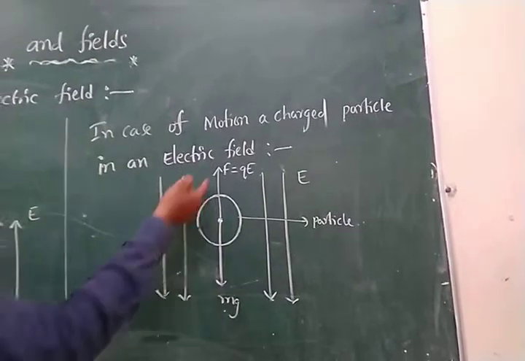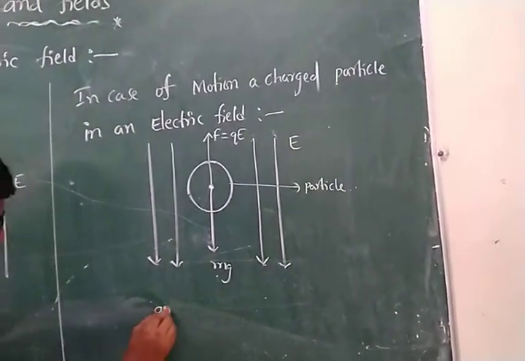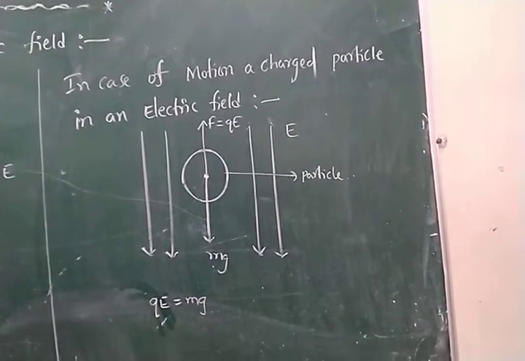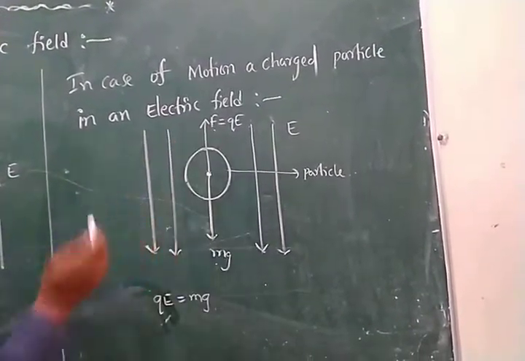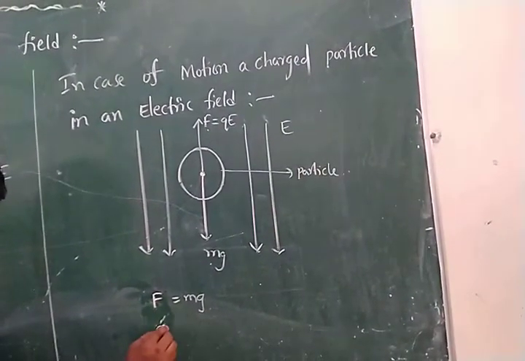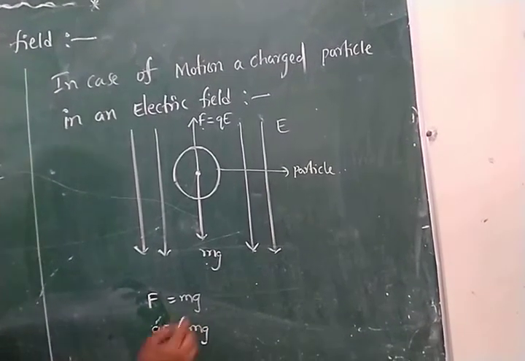Now the upward force is equal to the downward force, so Q into E is equal to mg.